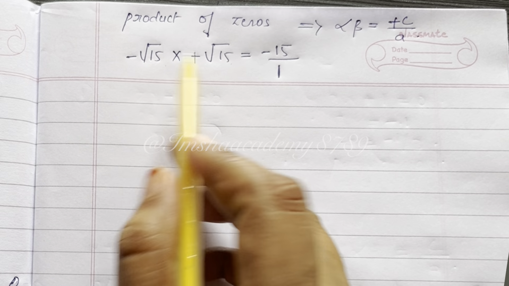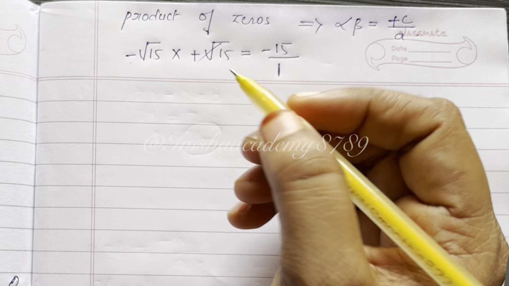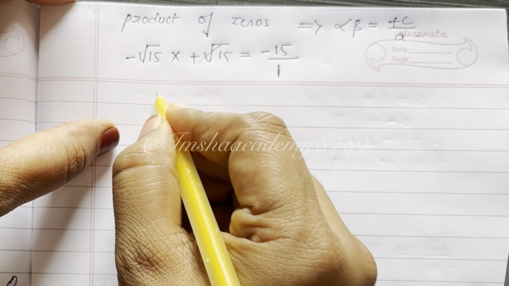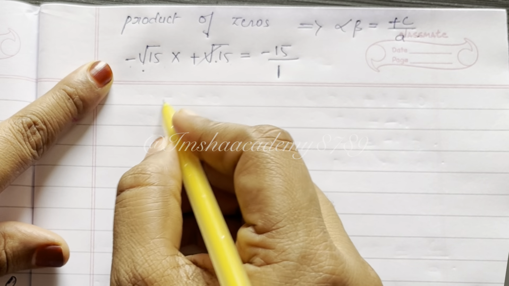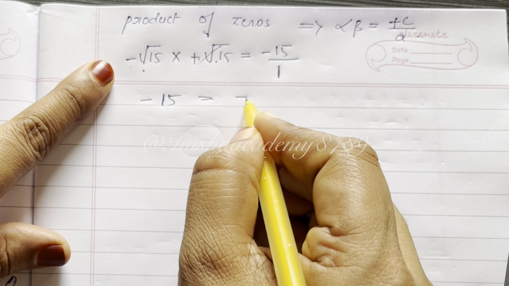So when we multiply, root into root gets cancelled, it means root into root is the value itself. So root of 15 into root of 15 becomes 15. Plus into minus is minus, so minus 15 is equal to minus 15.